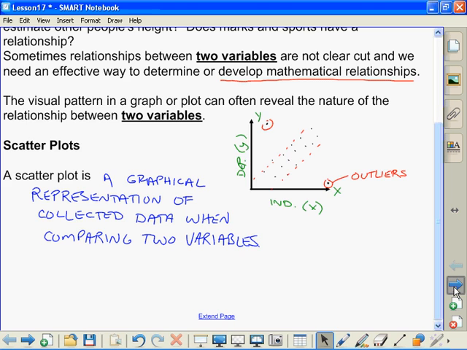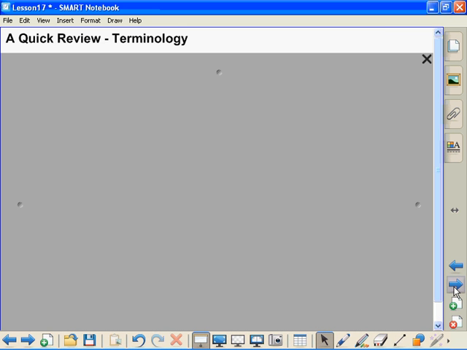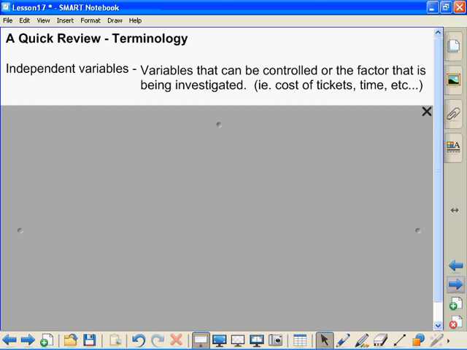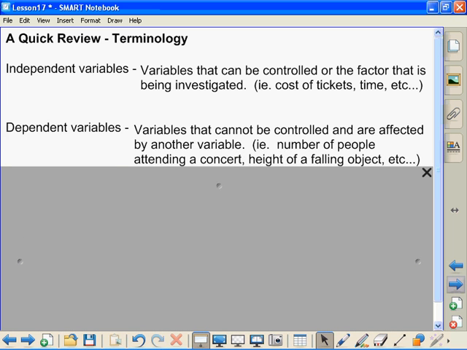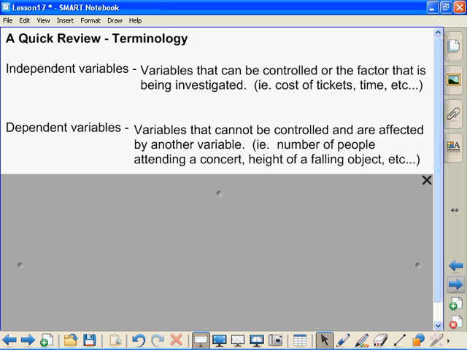Some terminology that we need to review quickly, and most of these you've seen. Independent variables we've been talking about with the project itself: variables that you can control, or the factor that we're investigating. So cost of tickets you can control, time you can control. Dependent variables are variables that cannot be controlled and are affected by another variable.